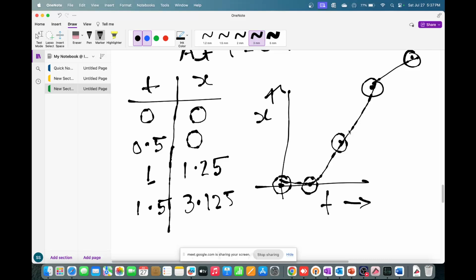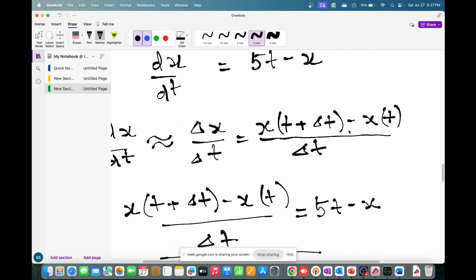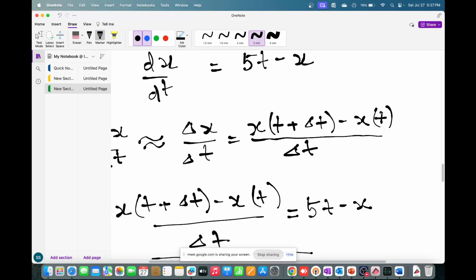So this is the crux of numerical methods, that you use different values of your independent variable to calculate the different values of your dependent variable based on this formula. It's a fairly straightforward formula of differential equations, a simplified form of the Taylor series, or the Euler method.